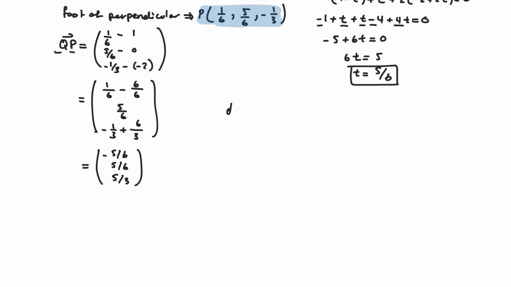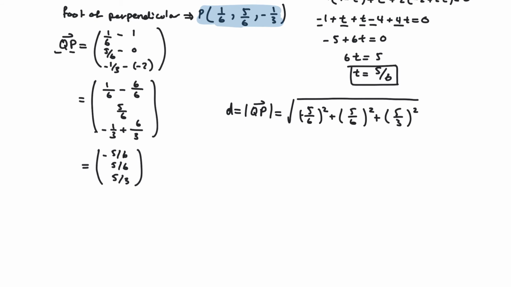The shortest distance now is going to equal the magnitude of QP, and that's going to be the root of my x component squared plus the y component squared plus the z component squared. This is going to be root of 25 over 36 plus 25 over 36 plus 25 over 9 here.